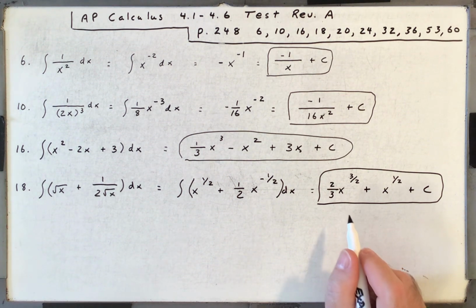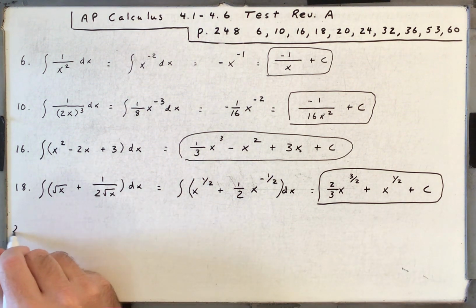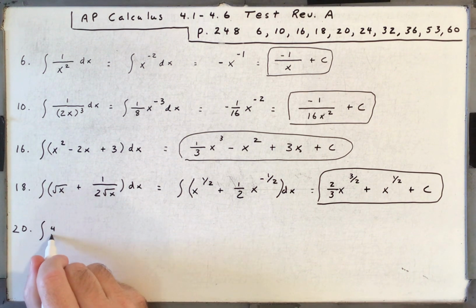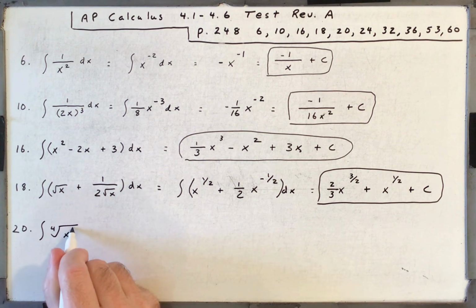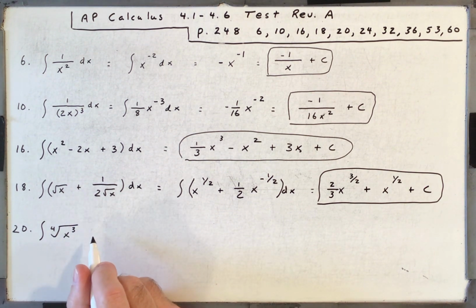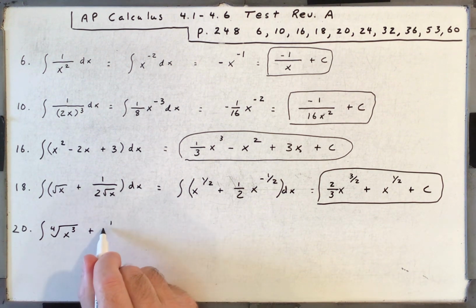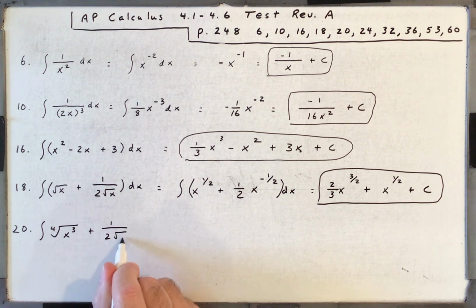All right, brilliant. Number 20. So number 20, we have the 4th root of x cubed plus 1 over 2 root x.